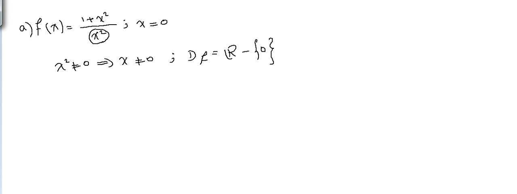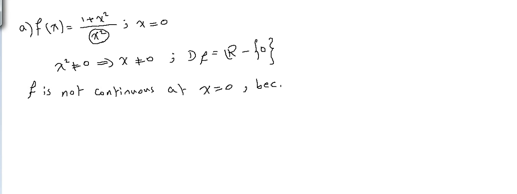If x equals 0, x squared equals 0, so the denominator will be 0, and the function will be undefined. This means, for sure, directly we can say that f is not continuous at x equals 0. At x equals 0, we have discontinuity. Why?